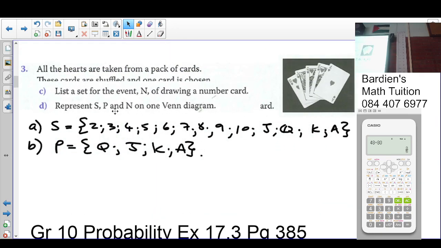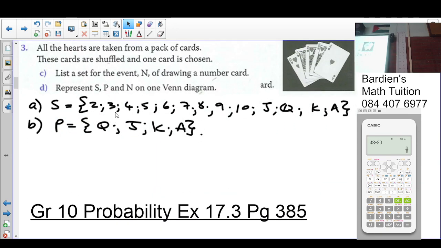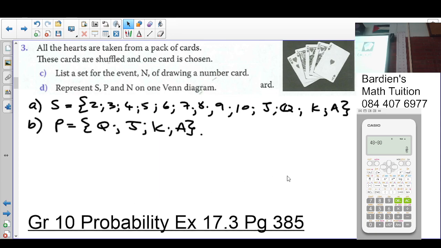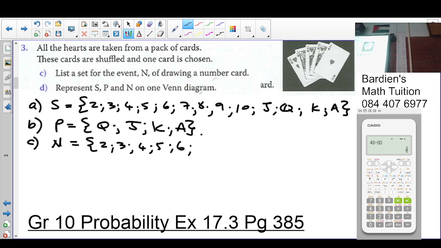Look at C. List a set for the event N of drawing a number card. So N would simply be 2, 3, 4, 5, 6, 7, 8, 9, 10.